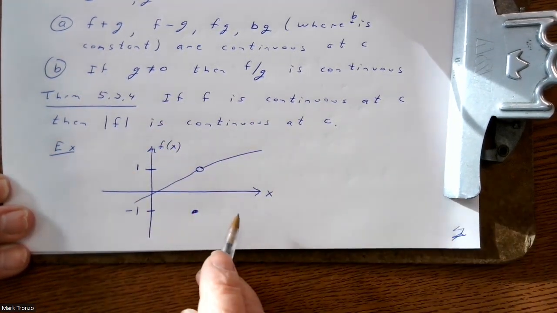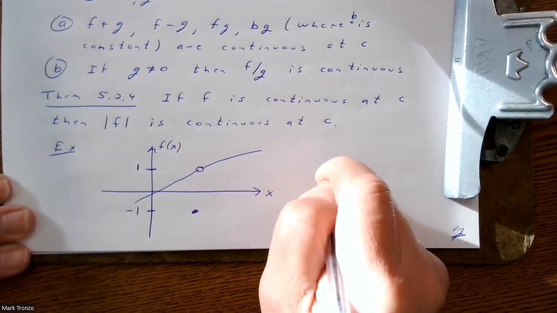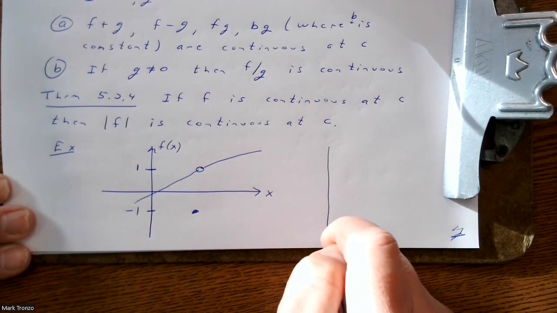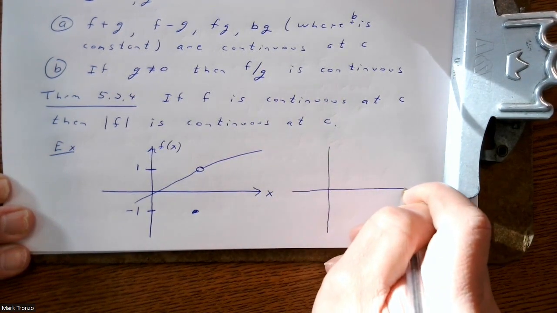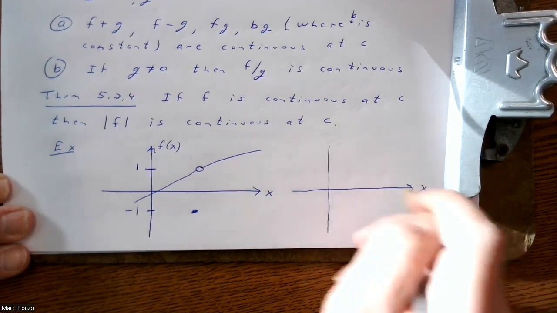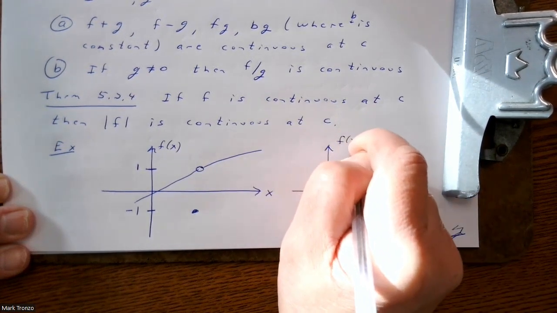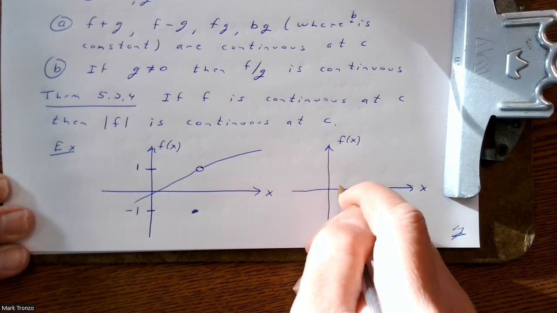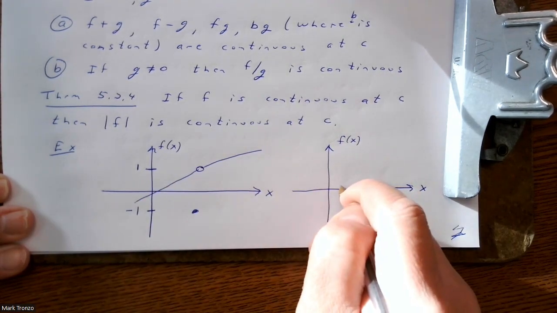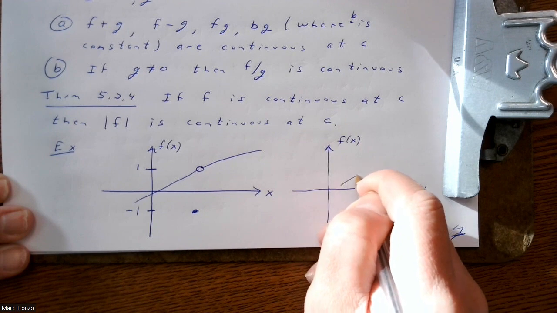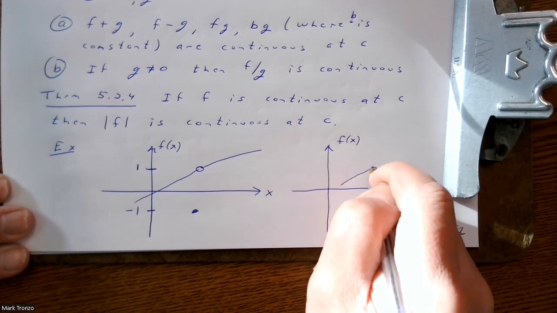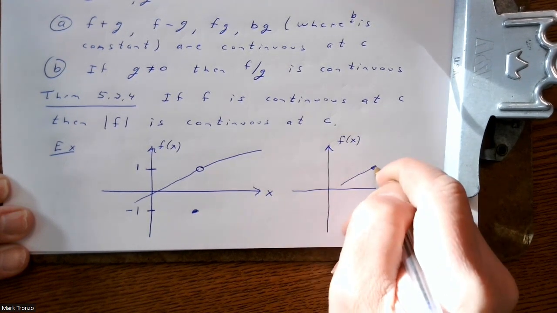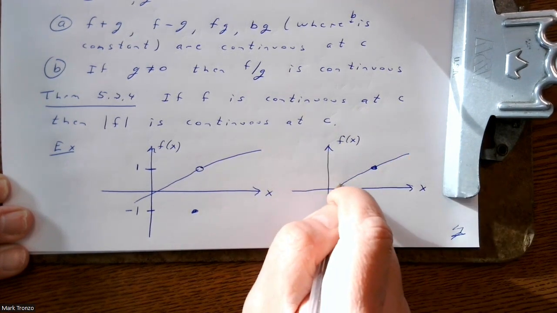In this case, the absolute value of the function, what would that look like? It would end up filling this in, then this will go here.